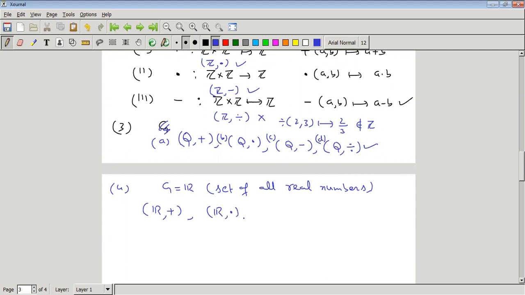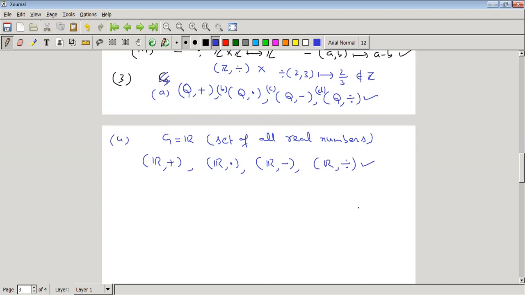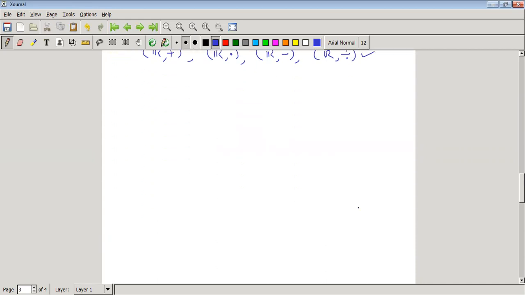R under multiplication, R under subtraction, and R under division. Again, think about this fourth part carefully. Okay, so try these questions. Now come to the definition.